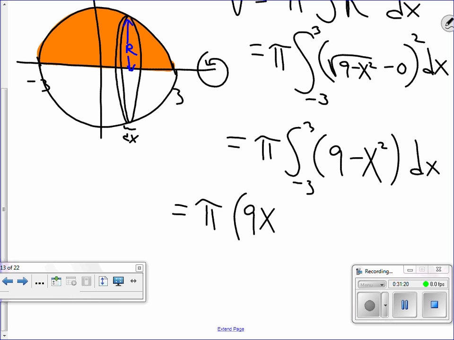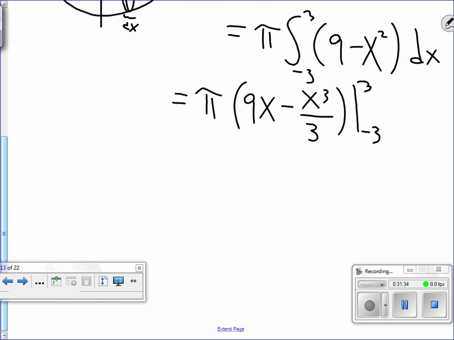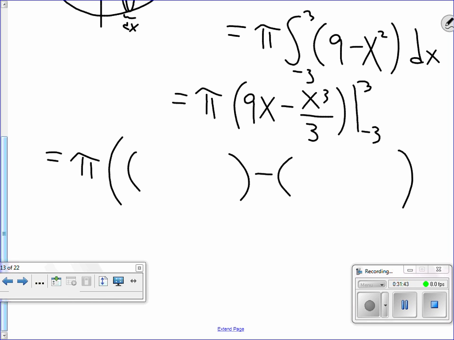9x, minus 1/3 x cubed, or x cubed over 3. And we have to evaluate this from -3 to 3. We'll leave the pi out of this. So we have to plug in the upper, the lower, and subtract.